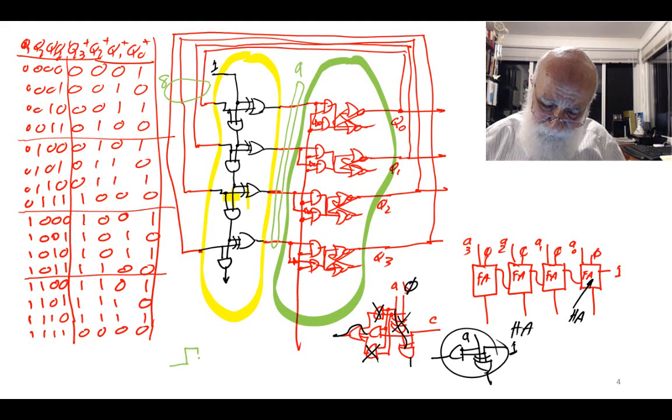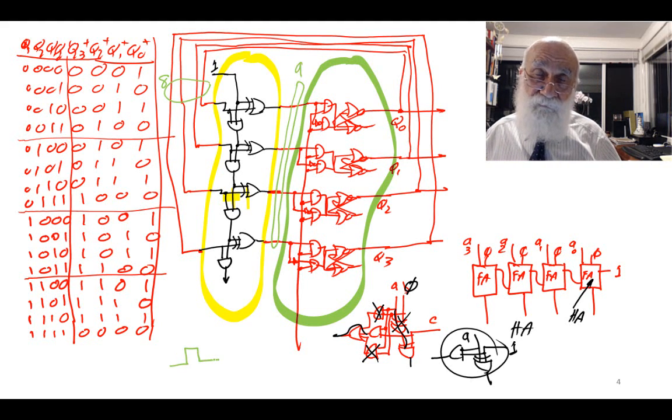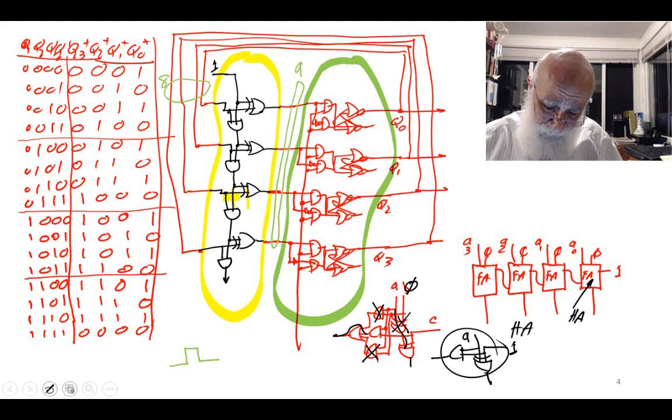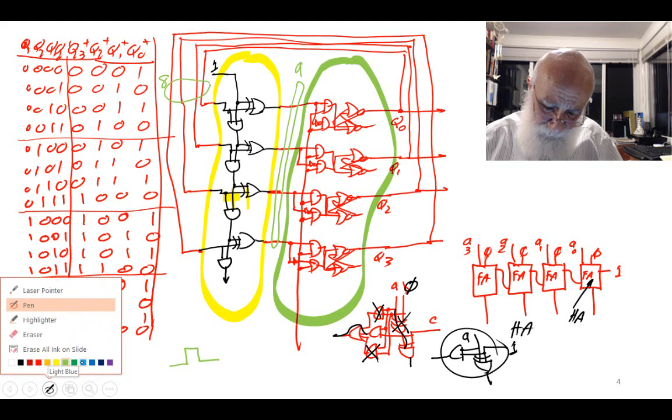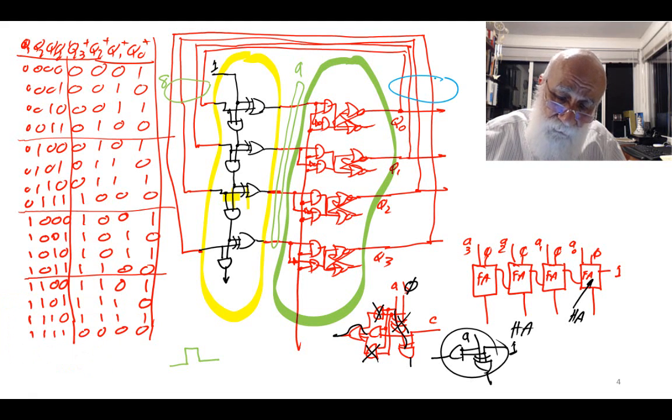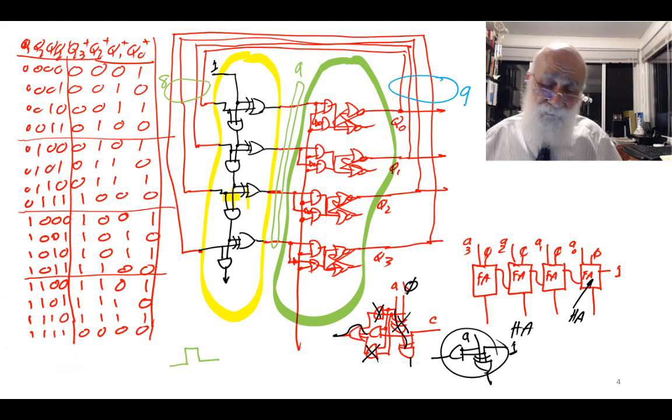Then I give it a clock pulse. As soon as I give it the clock pulse, 9 comes in and gets stored in here, and now I have a 9. Okay.